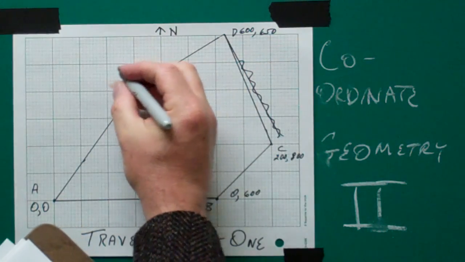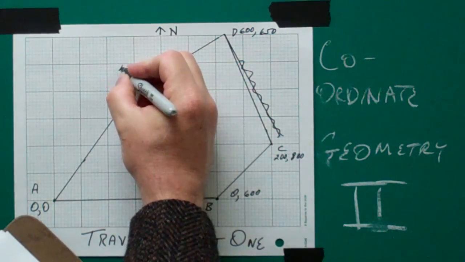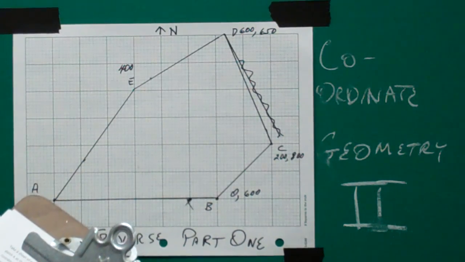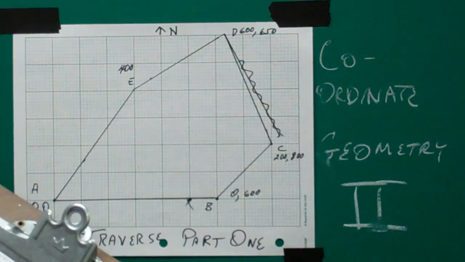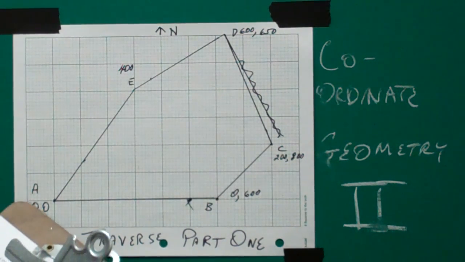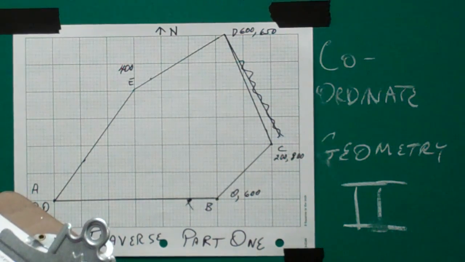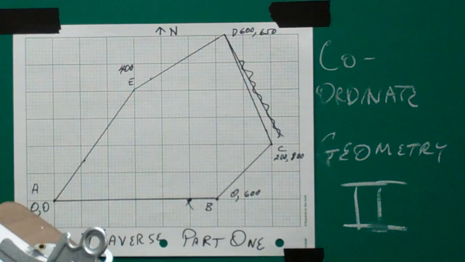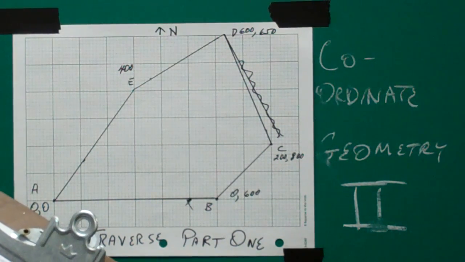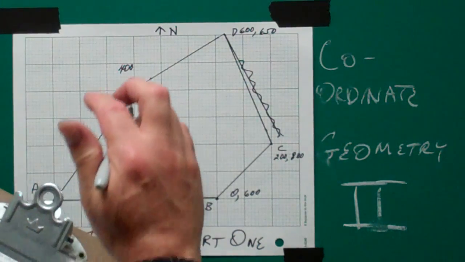So that's negative 200, so that's 400 northing. And then the sine of 60, 15, 18 times 403.11 will give you a negative 350. So that will leave you with 400 and 300.